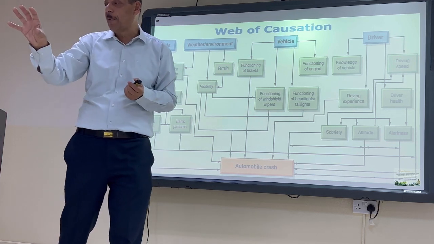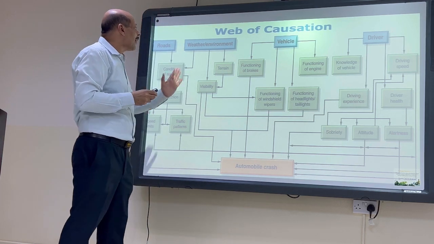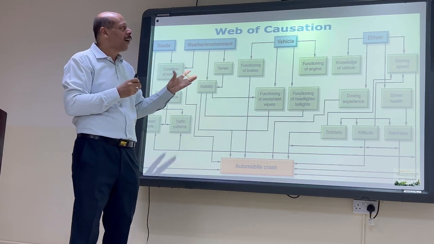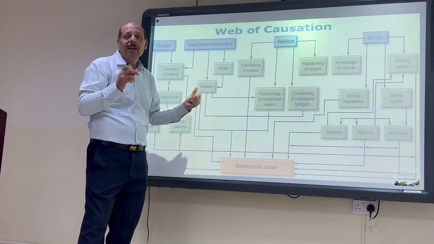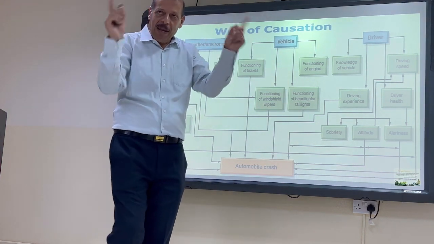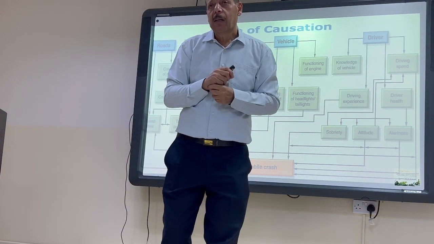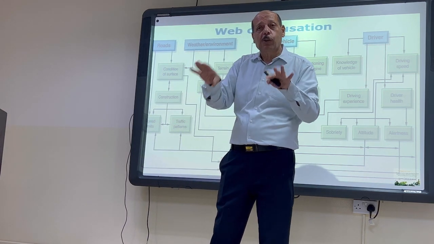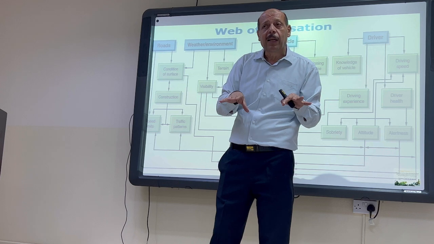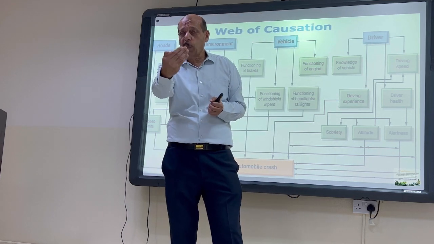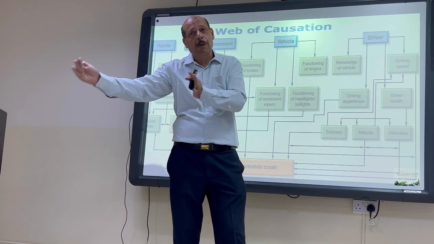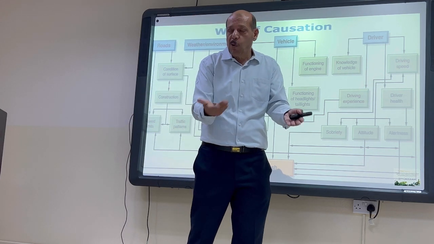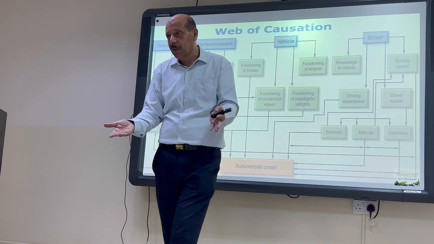When any accident happens, they will categorize the accident according to its main cause. So if the road is not constructed well, in this case they have to work on the improvement of the road itself.